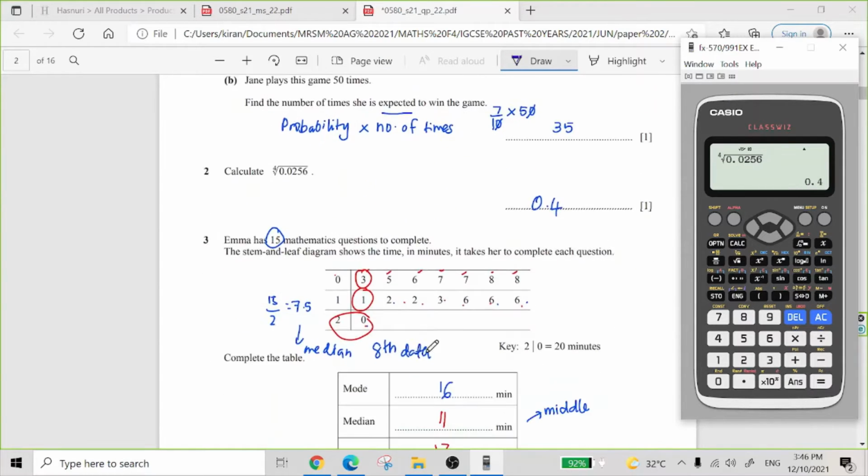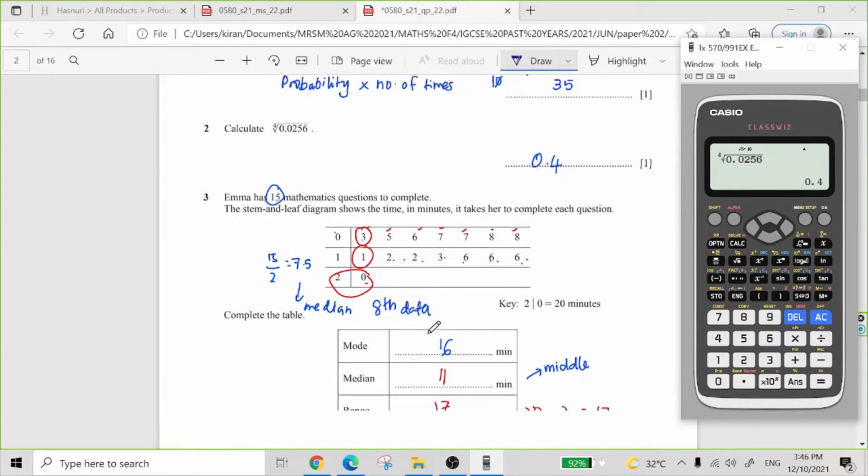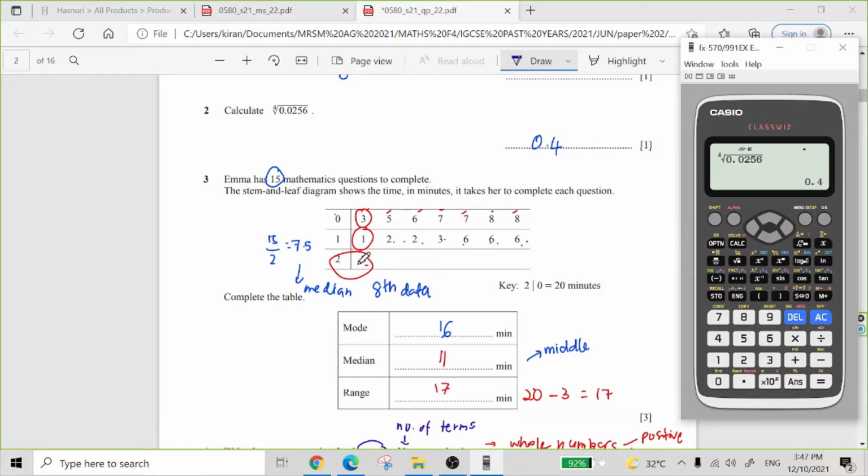Next is question number 3. Emma has 15 mathematics questions to complete. The stem and leaf diagram shows the time in minutes it takes her to complete each question. From the stem and leaf diagram, you have to know how to read the data.